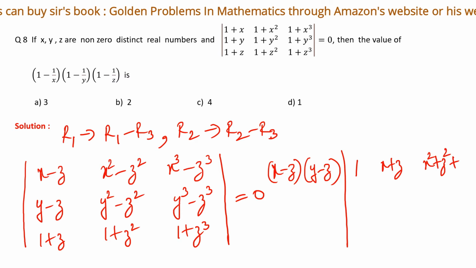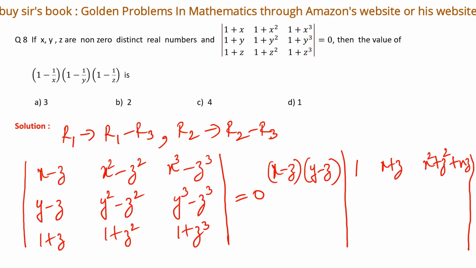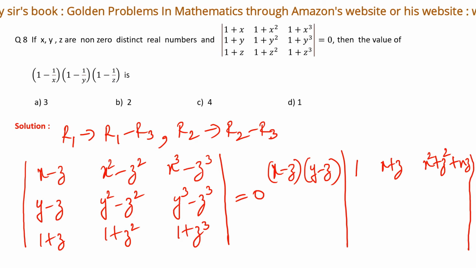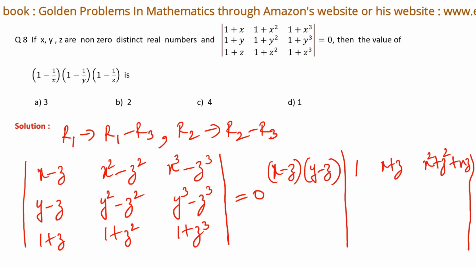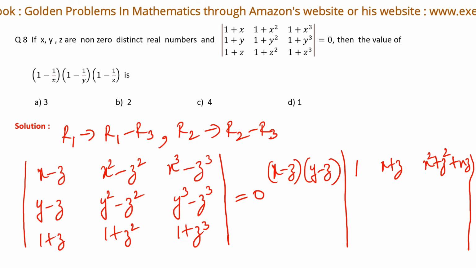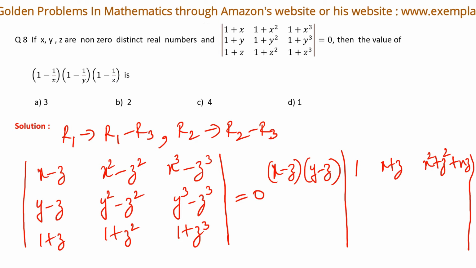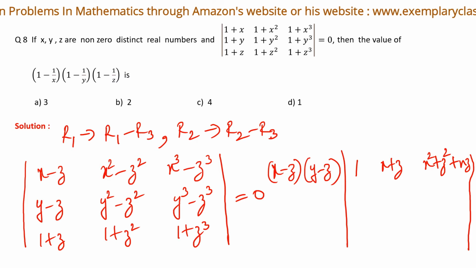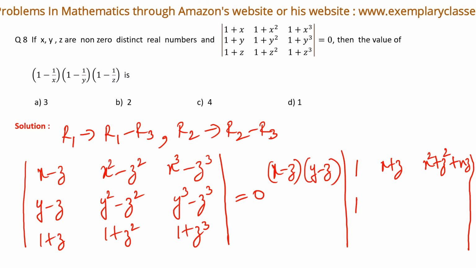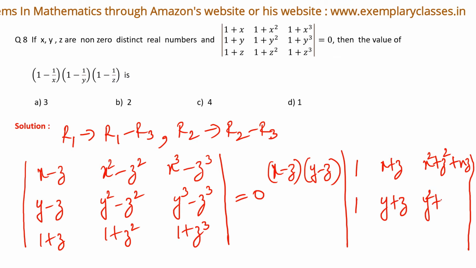If you know the identity of a cube minus b cube, then you can use this identity and you will come to know that inside the determinant, after taking x minus z common, you will be getting x square plus z square plus xz at the place of x cube minus z cube. And similarly for the second row, it is 1. Over here it is y plus z. Here it is going to be y square plus z square plus yz.